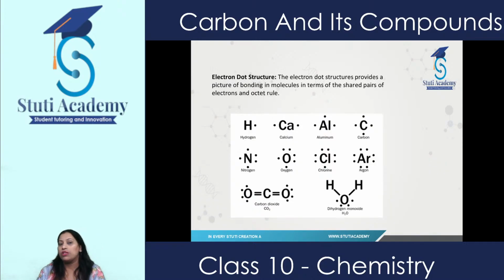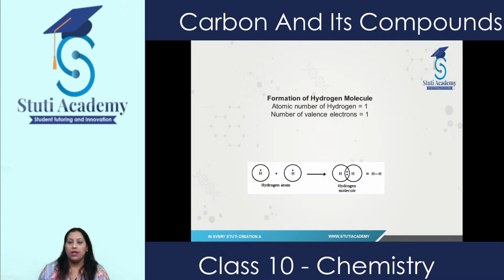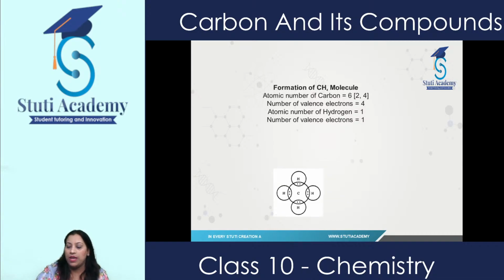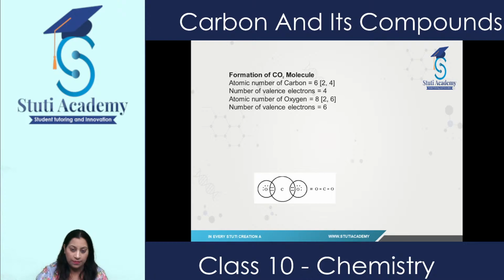Electron dot structure also I have discussed, how to form electron dot structure, which is also known as Lewis structure. Then with the help of few examples, I discussed how this electron dot structure or sharing of electrons takes place, which results in the formation of covalent bond. These examples we have discussed in previous class.